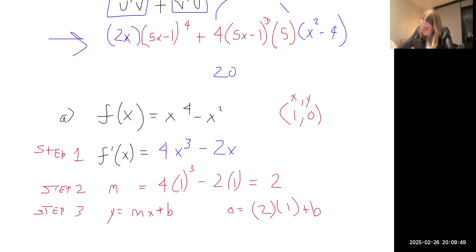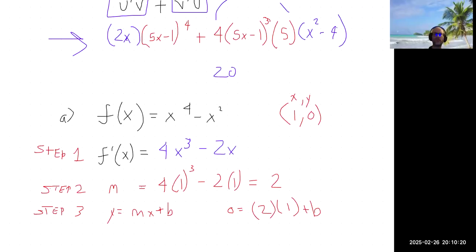Step 3, put in slope intercept form and find b. So that gives us 0 equals 2 plus b. Negative 2 equals b.